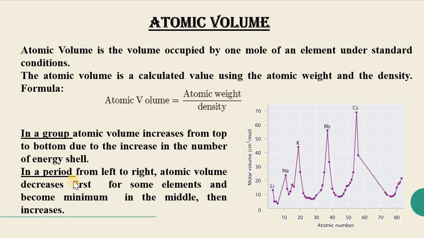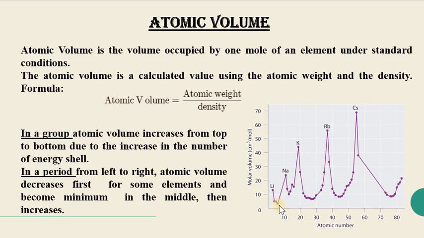If we are talking about a period, when we move from left to right, the atomic volume initially decreases for some elements, and then after reaching a minimum value, it again starts increasing. Here you can see the trend in this graph.